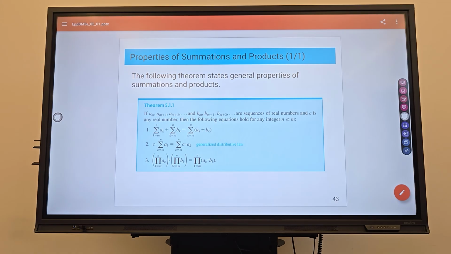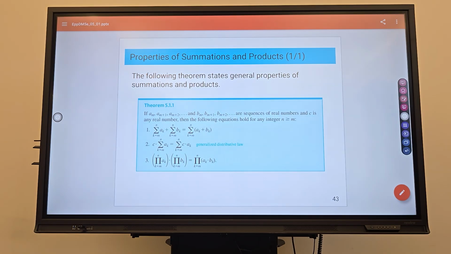The sum of two summations is equal to the summation of the two sequences added together, if the m and n are the same.